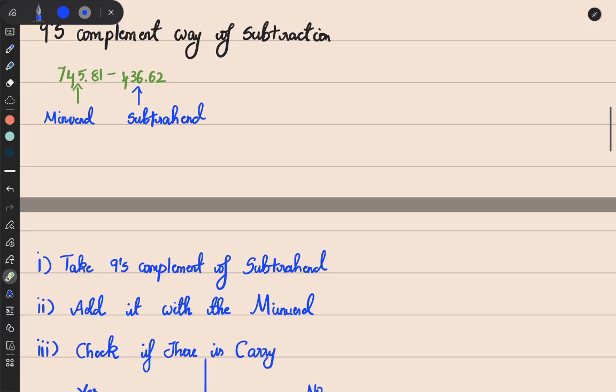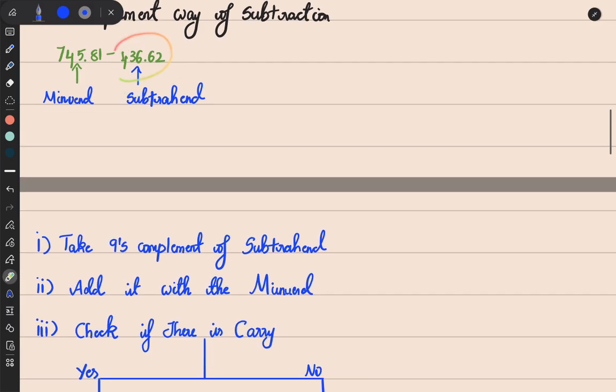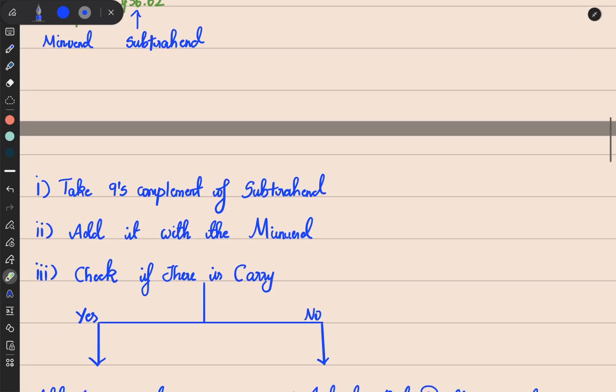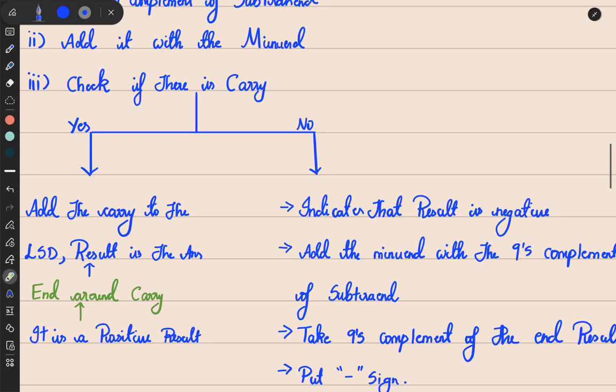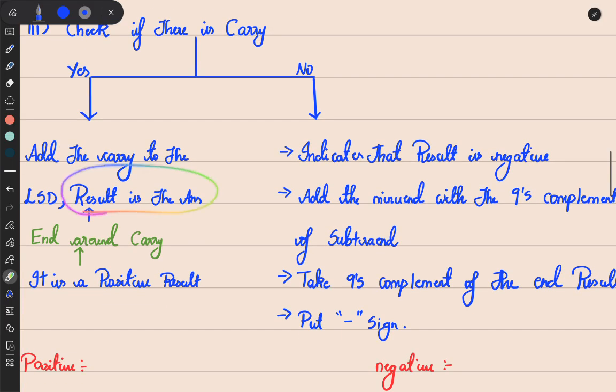To perform 9's complement subtraction, first we take the 9's complement of the subtrahend and add it with the minuend. After adding, check if there is a carry. If there is a carry, add the carry to the LSD, the least significant digit, and the result is the answer.